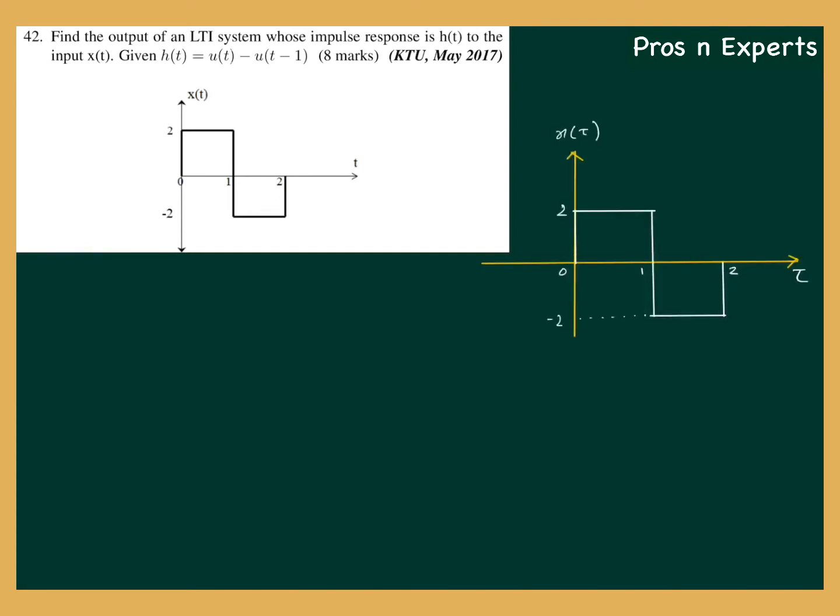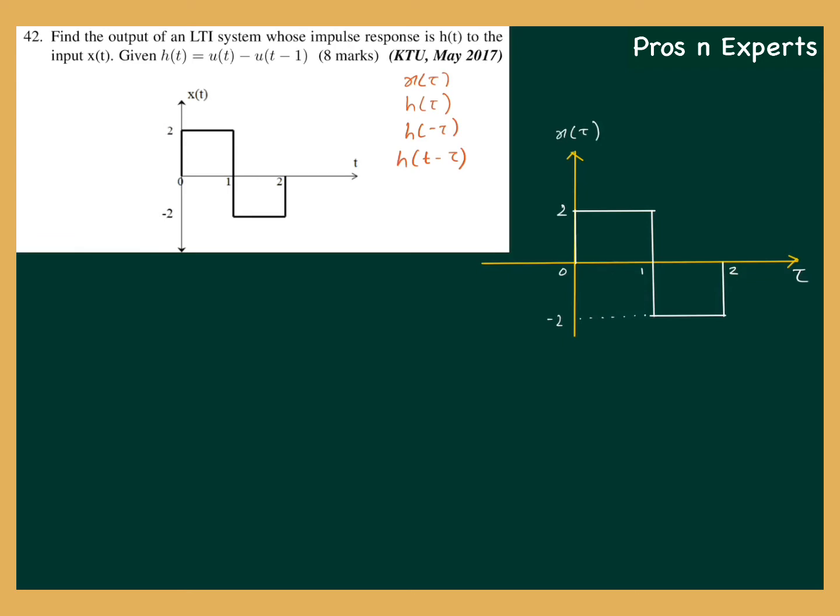So our procedure, as you know, is first to find x of tau by simply changing t to tau, then find h of tau, then find h of minus tau from h of tau, and finally take h of t minus tau, which is the t-units shifted version of h of minus tau. Why are we doing this?